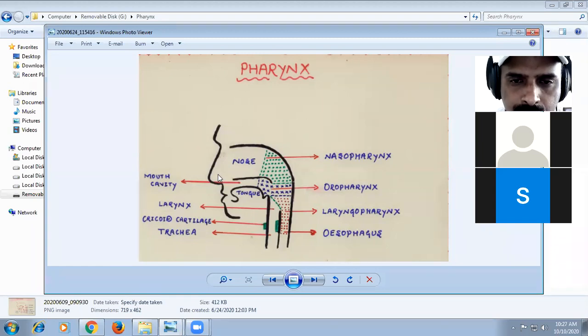Through the nose the virus enters first into the nasopharynx, then goes to the throat region, the laryngopharynx. That is a condition you can call pharyngitis or upper respiratory tract infection, URTI.